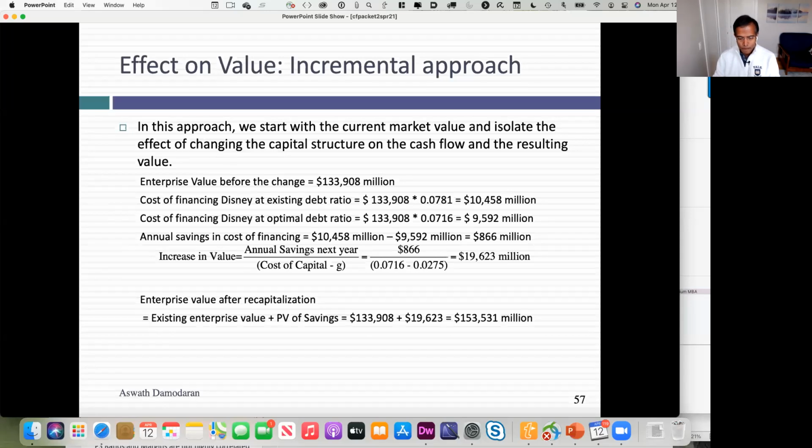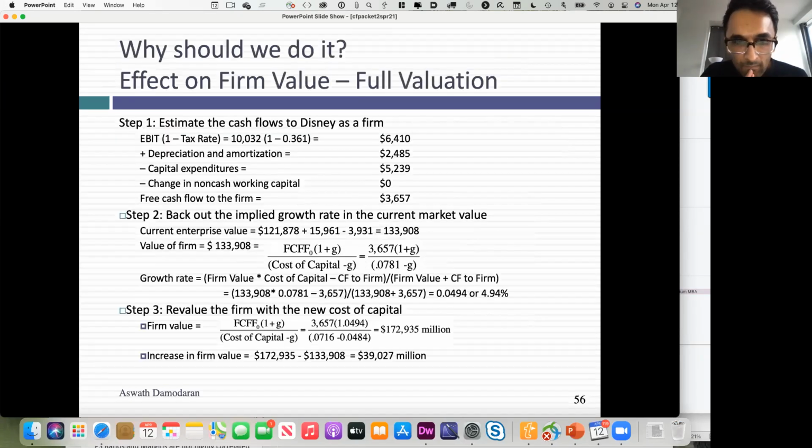Kushal? Professor, if you go to the previous slide. I can't hear you, Kushal. Can you hear me now? Yep. If you go to the previous slide, in the current enterprise value, should we not include the new debt in there as well? No, you should. When you look at the current cost of capital, the current cost of capital reflects the current debt ratio.